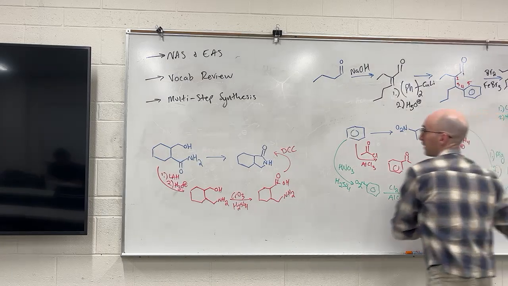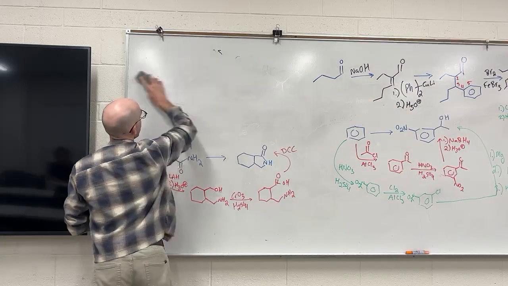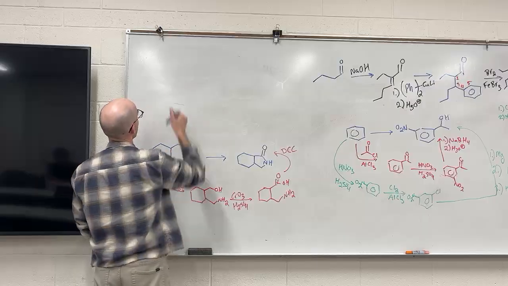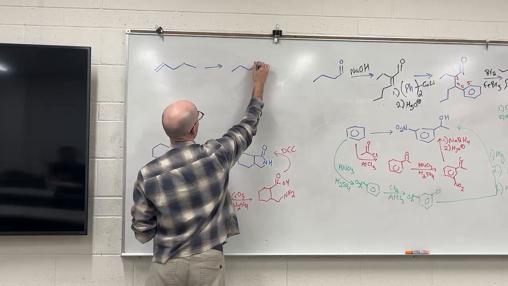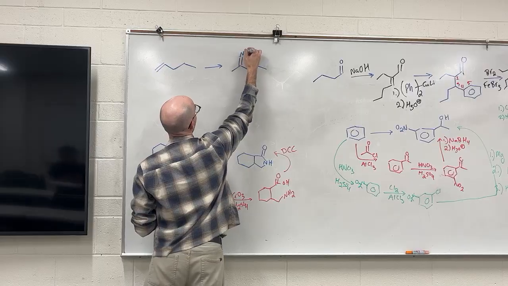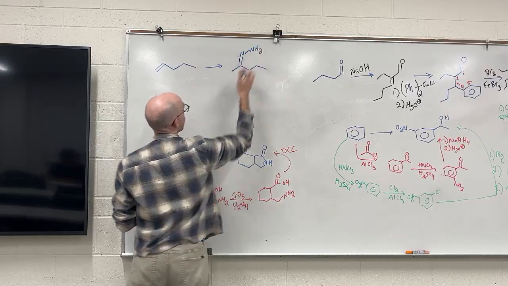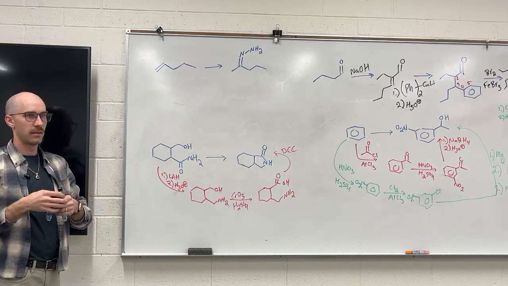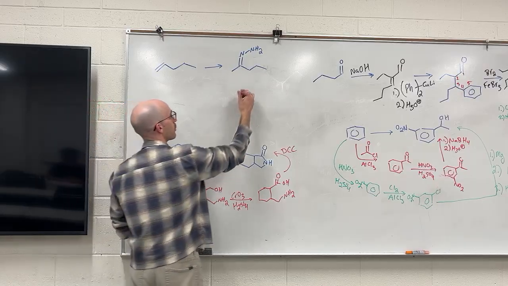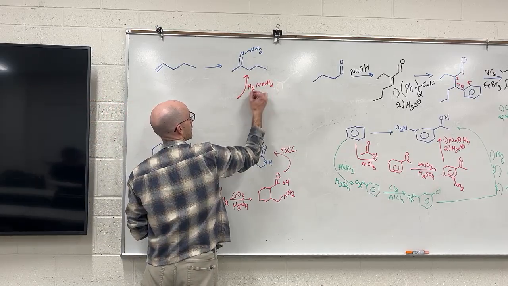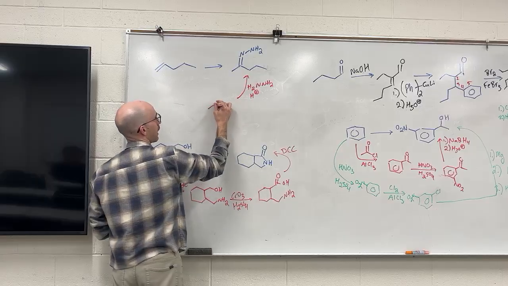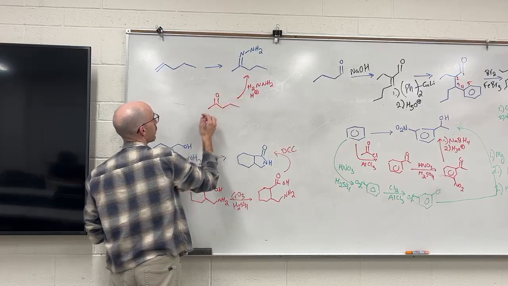Okay, and I had one last synthesis. I don't know where it went; I guess I never wrote it up here. Taking an alkene and making a hydrazone. The hydrazone is formed by a hydrazine in acid reacting with a carbonyl.